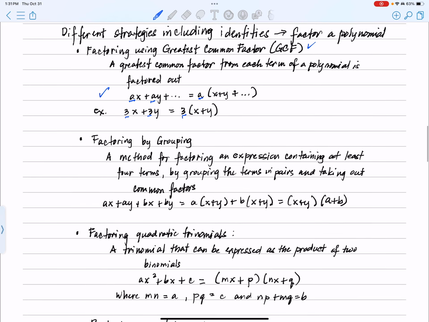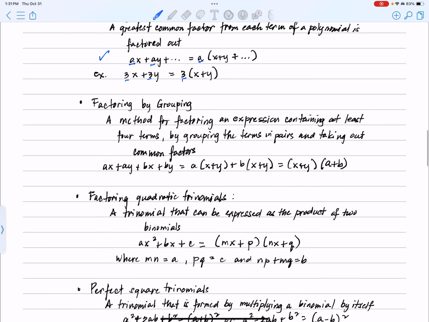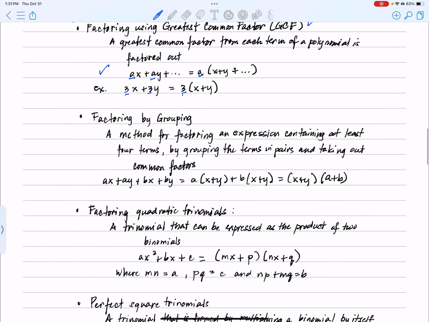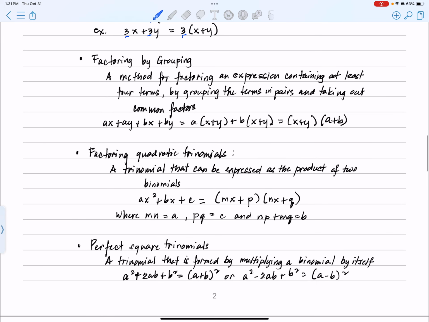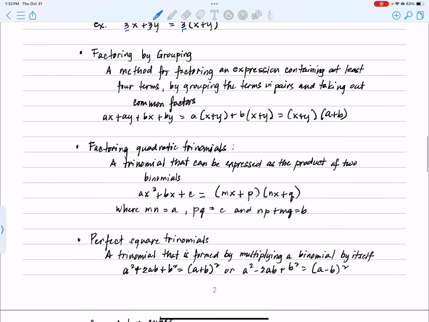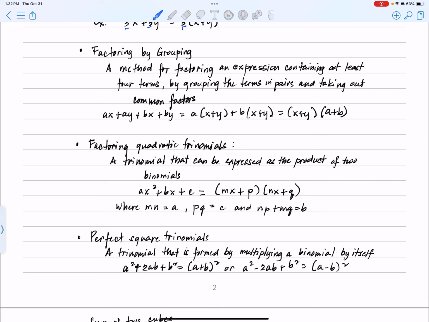So factoring by grouping, the second strategy, is a method for factoring an expression containing at least 4 terms. Okay? So when you can see your polynomial has 4 terms already, then you can start factoring by grouping the terms in pairs and taking out the common factor.